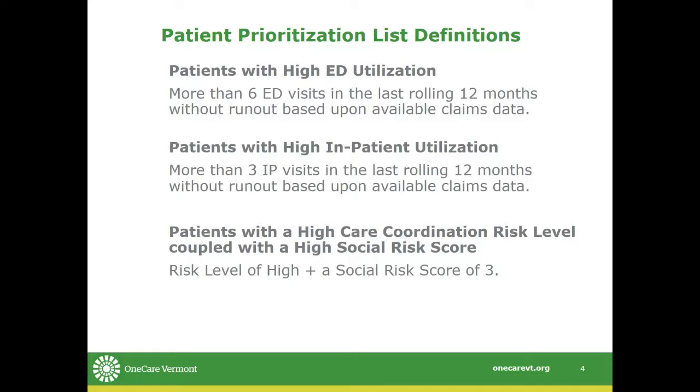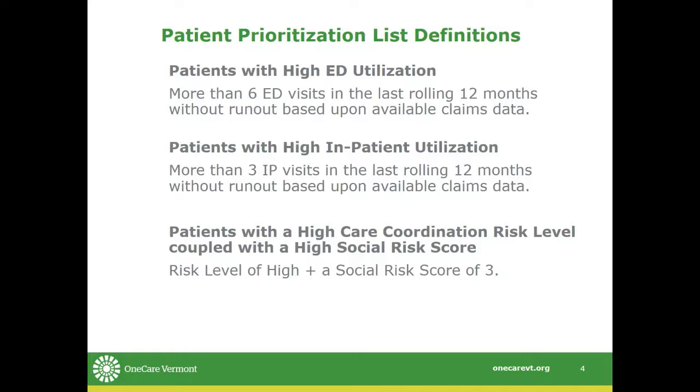High inpatient utilization is defined as more than 3 inpatient visits in the last rolling 12 months. And we also included a group of individuals who do have a high care coordination risk level, combined with a high social risk score of 3 as another prioritized population.